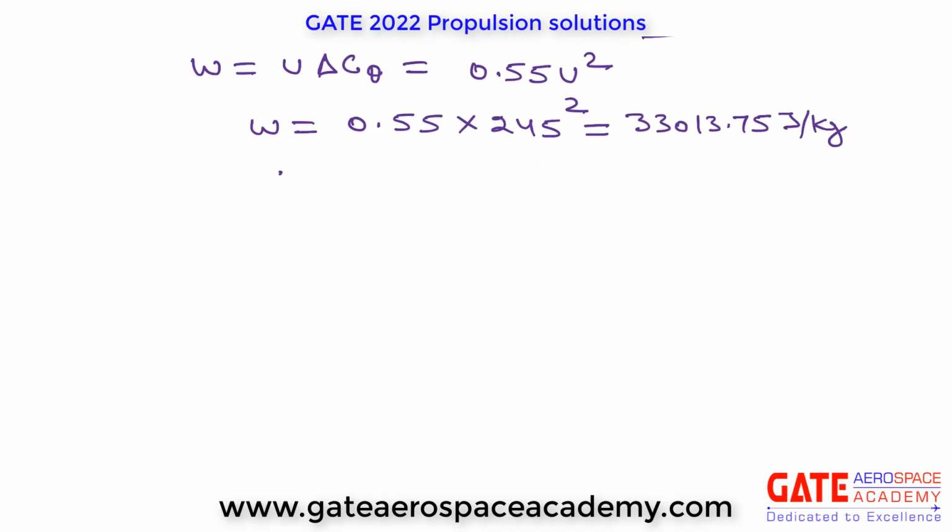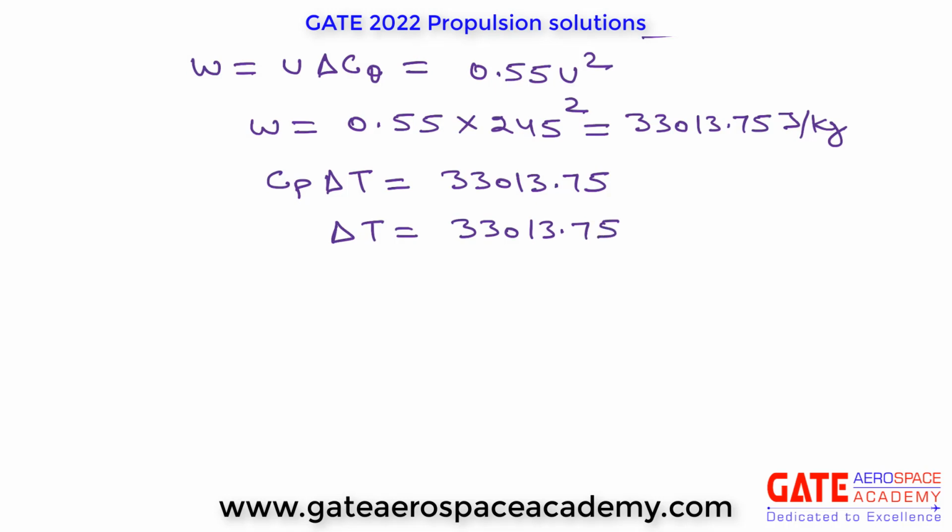Now we know that specific work done is Cp delta T, that will be equal to 33013.75. So delta T will be equal to 33013.75 upon 1005. So that is equal to 32.85 Kelvin. Right? So in one stage delta T is this much.